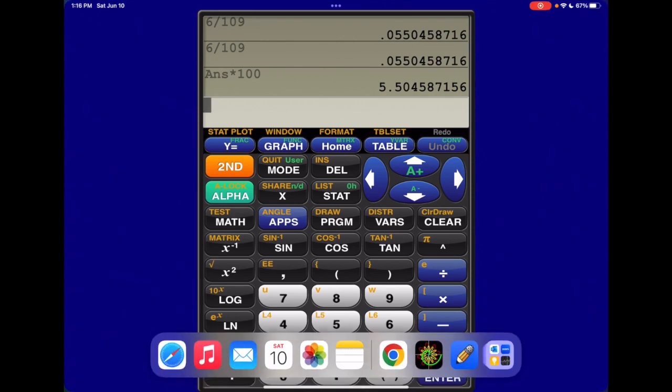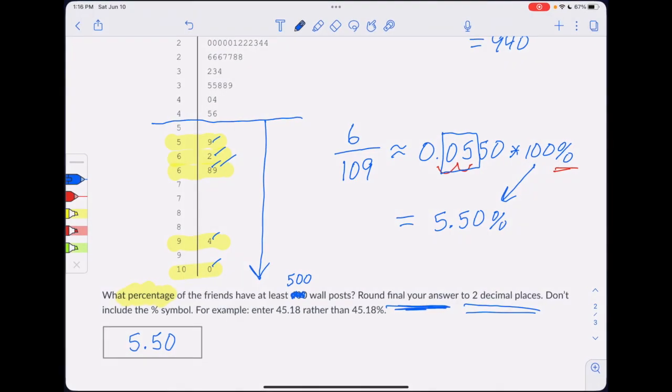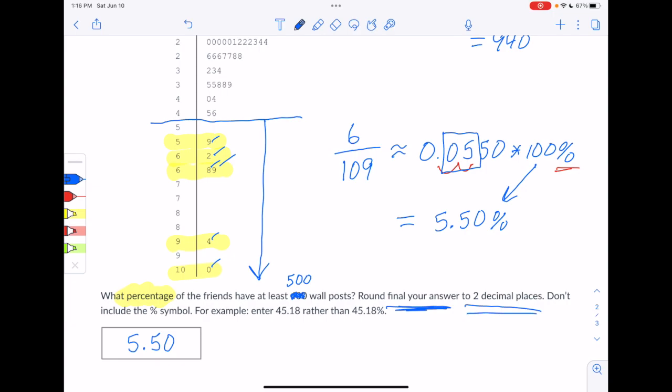If you're going to round like I did, you need to be thinking forward about the fact that when we multiply by 100%, it's going to move the decimal over. So you need to have some extra decimal places there so you still have at least 2 after you multiply by 100%. I think the main place here, though, that people get stuck is that they're just reading the chart wrong, that they're looking at a number like this line and they're thinking that's 35, 35, 38, 38, 39, when actually it's 350, 350, 380, 380, 390.